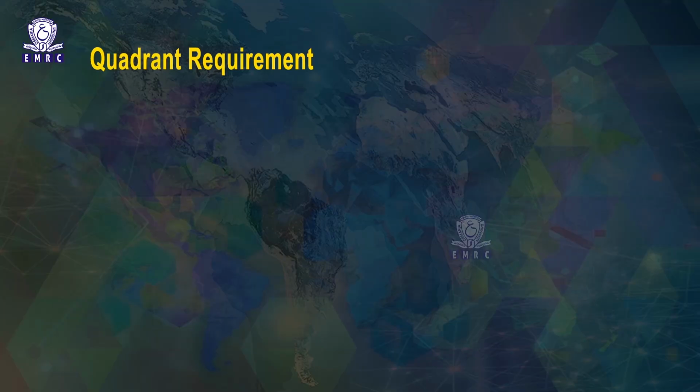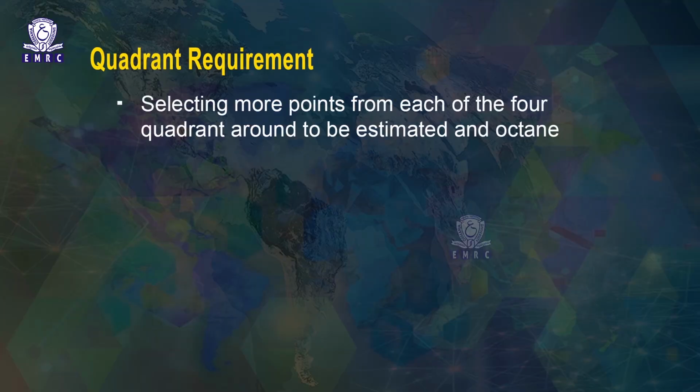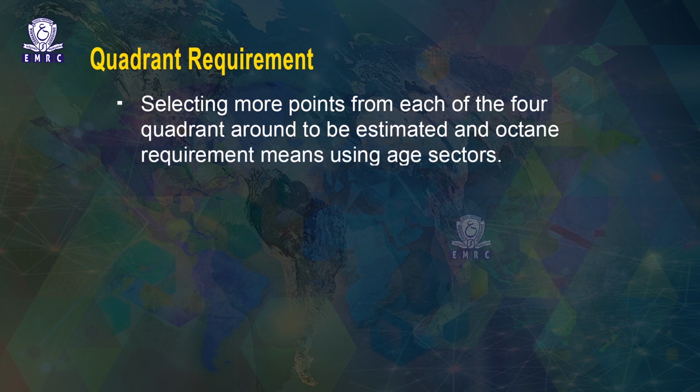Quadrant requirement means selecting points from each of the 4 quadrants around the point to be estimated, and octant requirement means using 8 sectors. Other search options may consider the directional component by using an ellipse with its major axis corresponding to the principal direction.